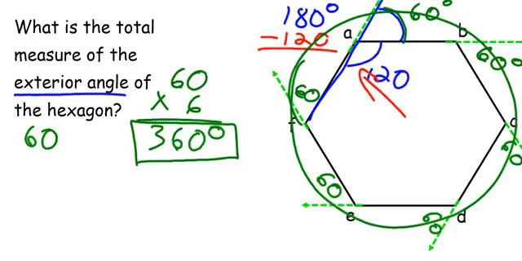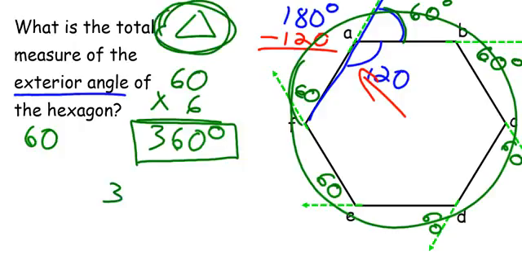That's the key idea. Which means if I go around any shape, if it's a triangle and I go around it, all of my exterior angles will equal 360. So if I go around a triangle, there are 3 exterior angles. I went in a circle, 360 divided by 3, 120 degrees is my exterior angle for a triangle.